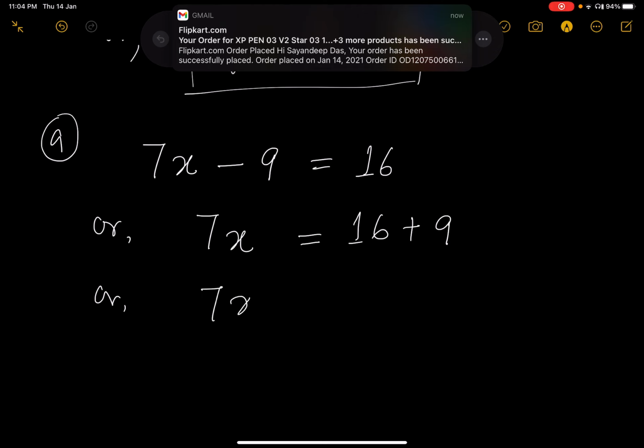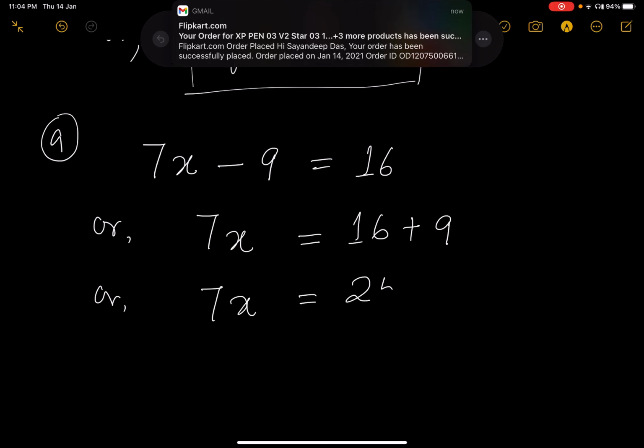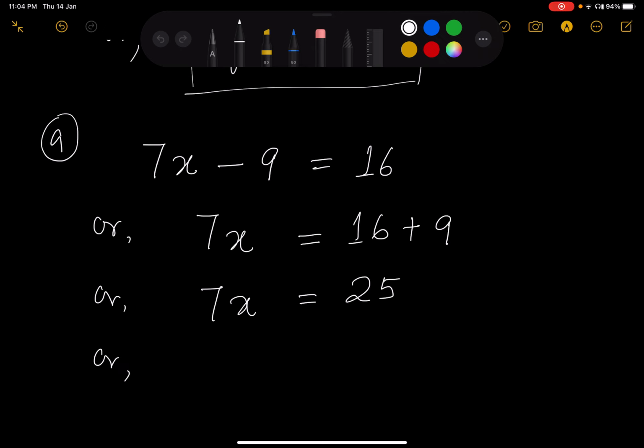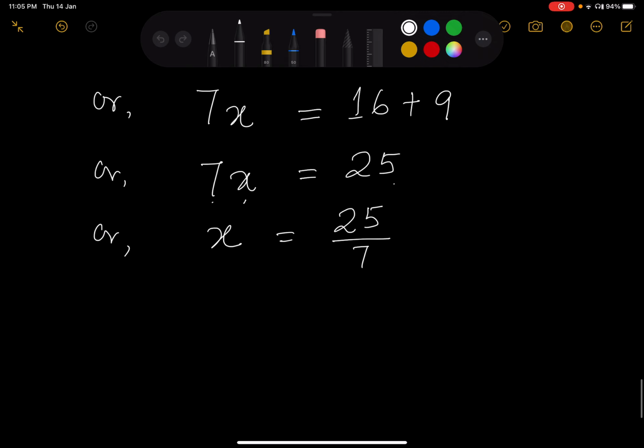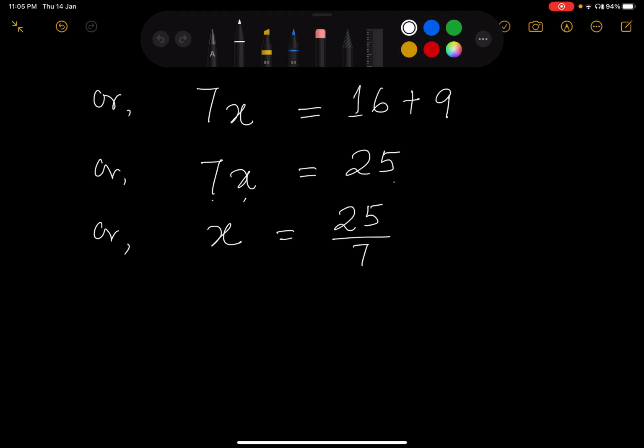So 7x is equal to 25, or x is equal to how much? 7 into x is equal to 25. So x is equal to 25 divided by 7. 7 into unknown number is equal to 25. So the unknown number is equal to 25 by 7. So this is your answer.